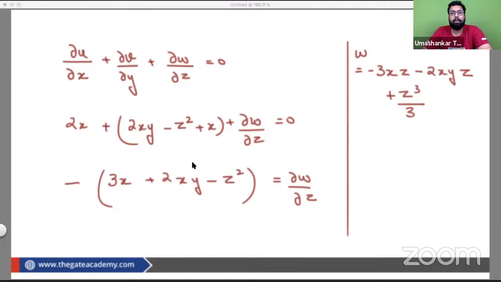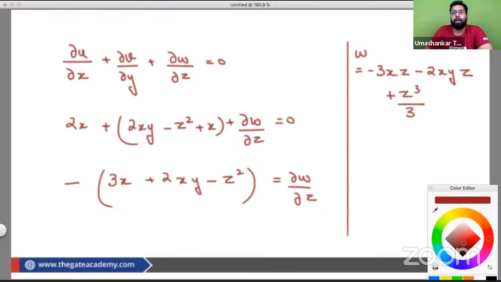Simple integration. Now, one thing to take care of. Normally when we integrate, we add the constant of integration here. But in this case, as we have considered x and y as constant when integrating, we are going to have a constant in terms of x and y.